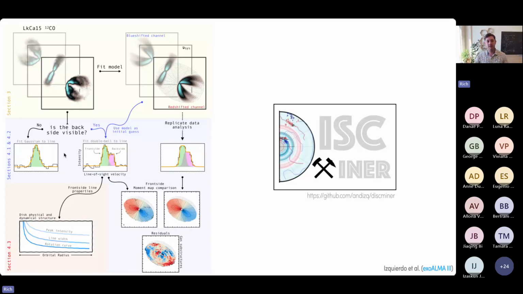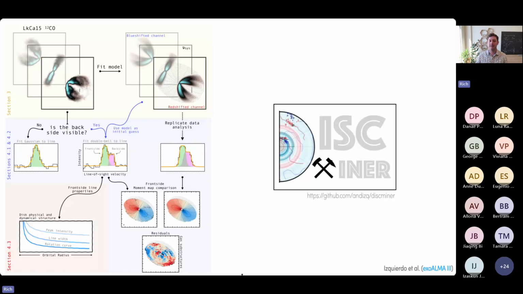It can then model this full disk structure to create model channel maps, which you see in the top right, which allows us to then extract properties of the data. So we're looking at, say, the moment maps of the velocity structure of the top side and the bottom side. We can look at how the peak intensity varies as a function of radius, how the line width varies as a function of radius.